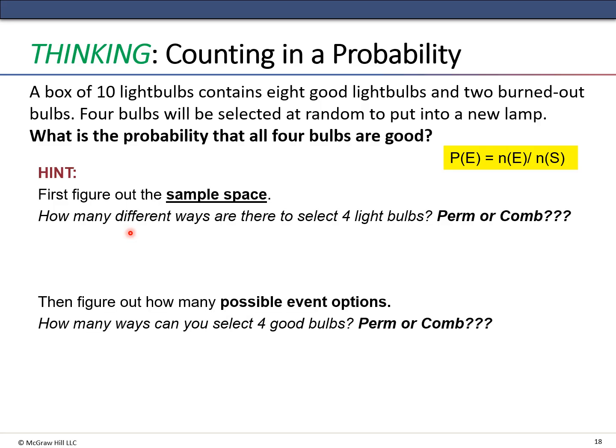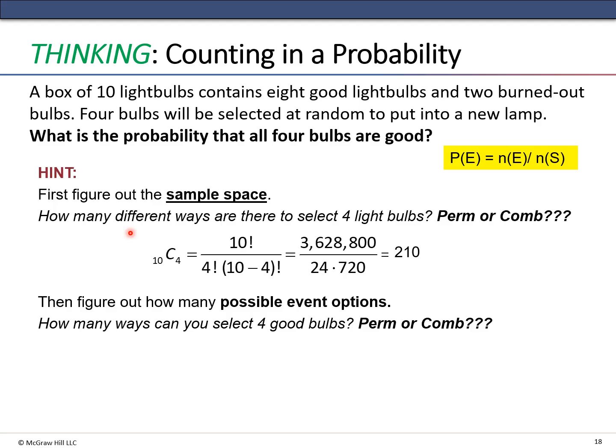Then we need to figure out how many possible event options, where we select only 4 good bulbs. The sample spaces are generally the easier ones to figure out, and this is simply the combination of 10 things taken 4 at a time. So we get 10 factorial over 4 factorial times (10 minus 4) factorial, and that gives us 210 different samples that we could pull out of this box of 10 light bulbs, 4 at a time.